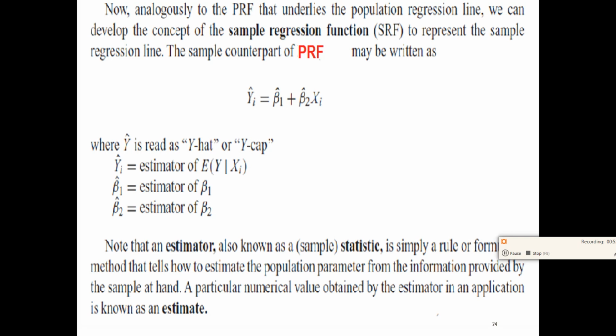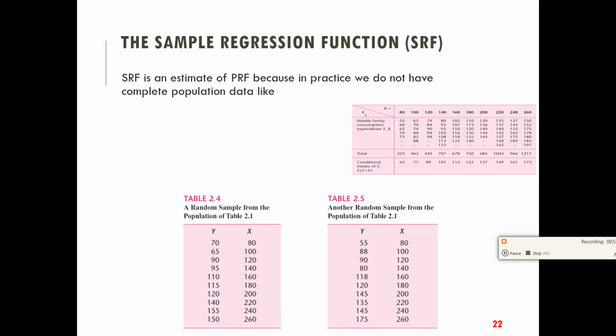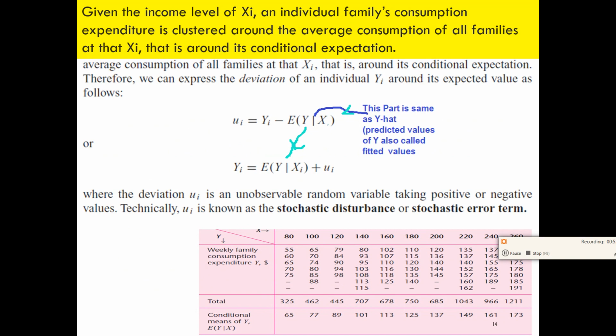Let me try to further explain it. If, for example, I have SRF1, sample regression function 1, then it means that the beta coming out of sample regression function 1 will be an estimate of the actual beta had I run the regression on the full population.